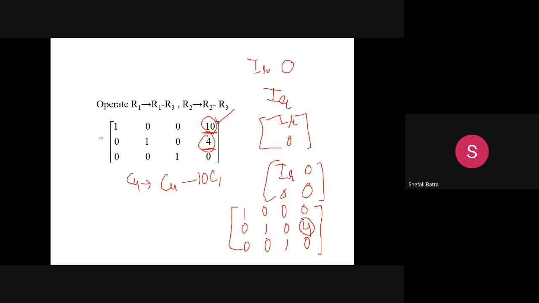C2. C2, right. So for this you will be applying C4 implies C4 minus 4 times of C2, right? So this would be 1, 0, 0, 0, 1, 0, 0, 0, 1, 0, 0 and 0, right?